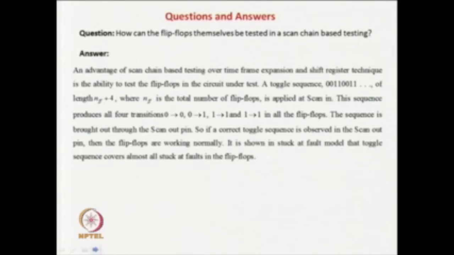Again, there is always a question of trade off: what you will do and what you will achieve. VLSI design or testing is always about what you gain and what you achieve. If you go for the totally time frame expansion method and there is no cyclic business in the flip flops, then you are at the best, with no extra circuit and a very small number of test patterns, but the offline complexity is very high. If you go for the full scan chain approach with a single scan chain, then you require n patterns to set the flip flops.